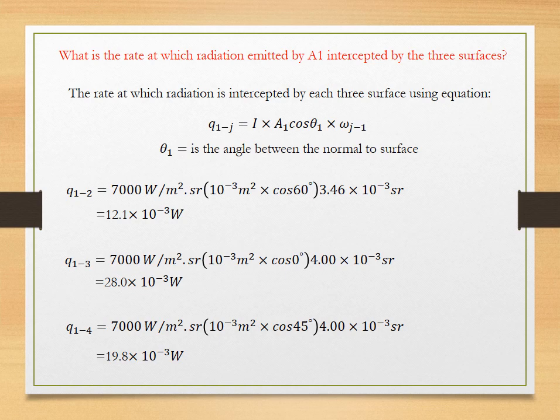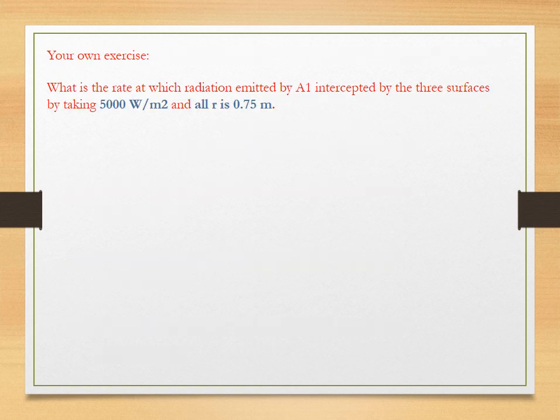Okay, so next, this is your part, with more or less the same question: what is the rate at which radiation emitted by A1 is intercepted by the three surfaces, taking 5000 watt per square meter steradian, and all R is 0.75 meter, which is this value in blue, changed from the original question.